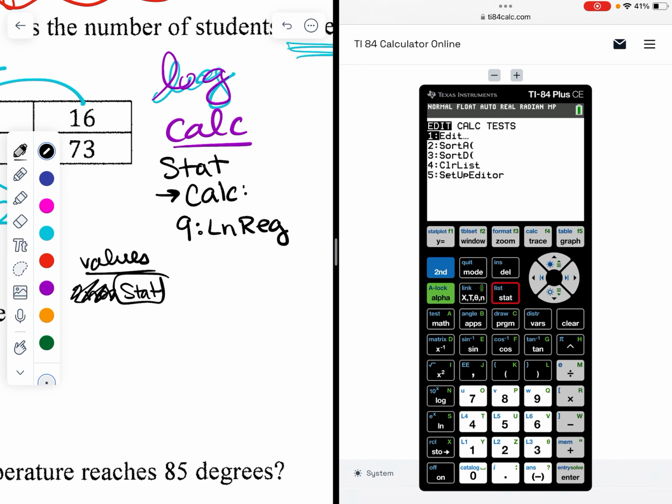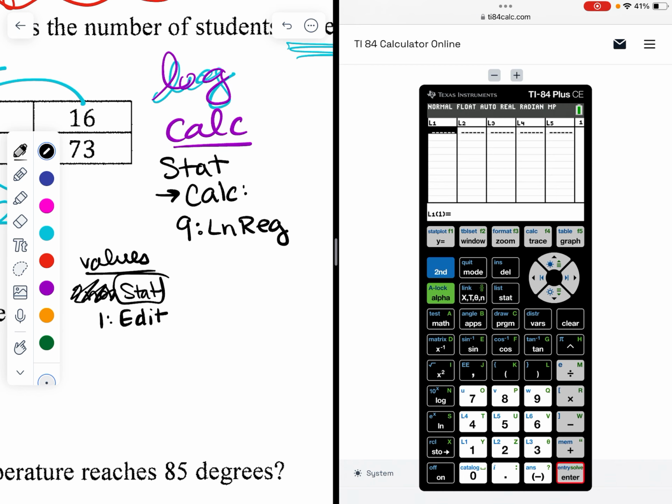Right now my list 1 is blank. We're going to make list 1 those x values, which were 2, 4, 8, and 16. Go ahead and type those in. Now we're going to go to list 2, which were the temperature values, or the y values. They were 67, 69, 71, and 73.